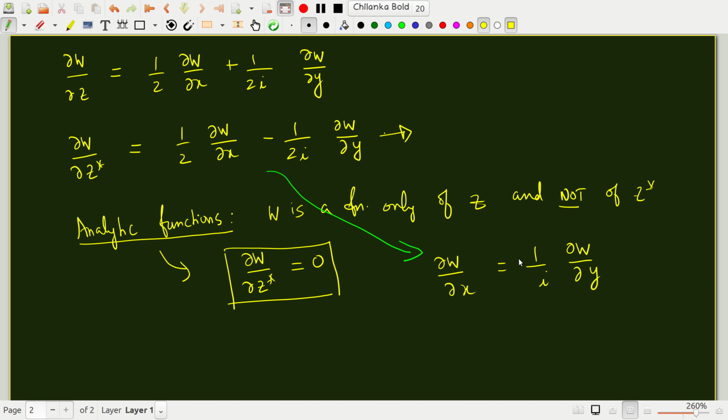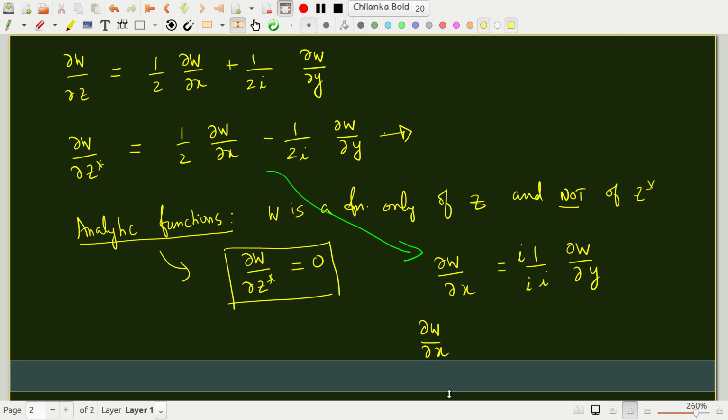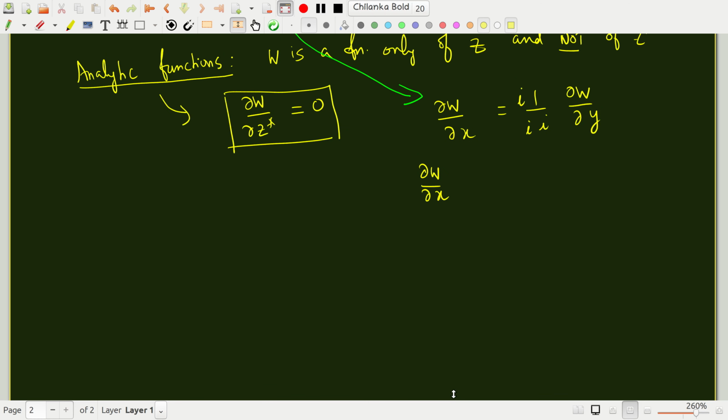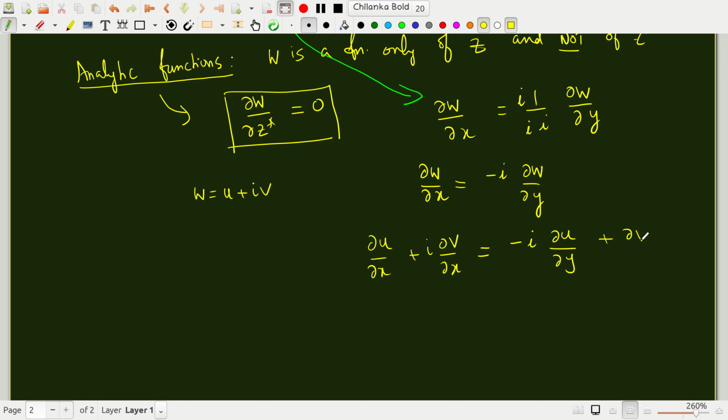Or if I multiply numerator and denominator by i, since i squared is minus 1, partial w partial x is minus i partial w partial y, but w is u plus iv, so this is partial u partial x plus i partial v partial x is equal to minus i partial u partial y plus partial v partial y.